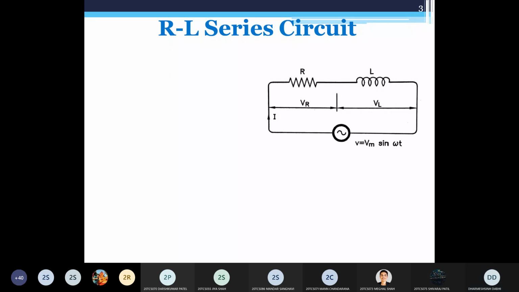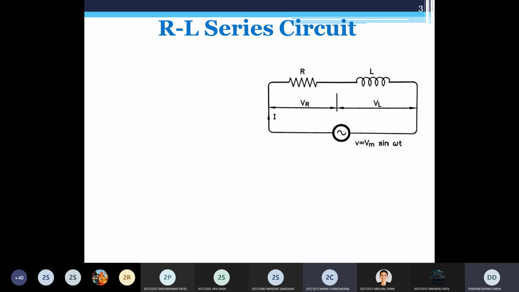Then, in the RL circuit, suppose I increase the value of inductance as compared to the resistance. Then does the phase difference angle increase or decrease?